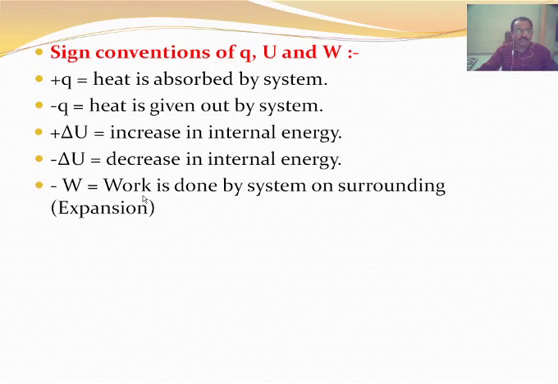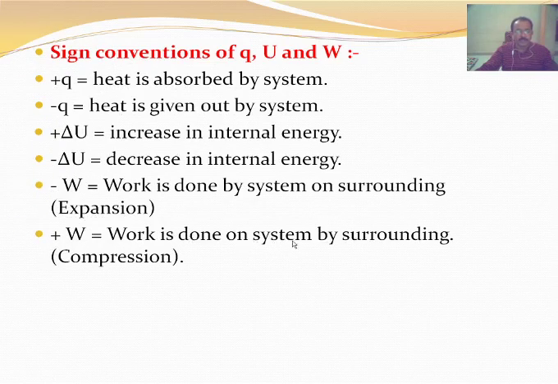Now, whenever work is done by the system on the surrounding, that is expansion, at that time the work done is given a negative sign. And when work is done on the system by the surrounding, that is compression, at that time work done is positive. These are the sign conventions for Q, U and W. Now, let us memorize it.